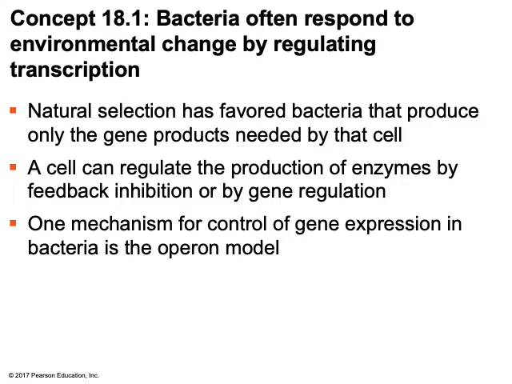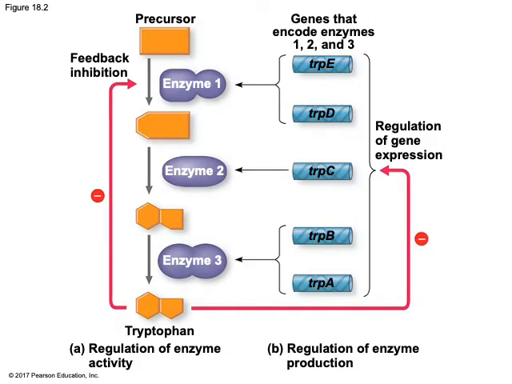Okay? So when we take a look at bacteria and how they're working, they can regulate what they're doing by either regulating transcription or regulating the metabolic pathway. We're going to talk about regulating transcription because we've already talked about how regulating that pathway works.